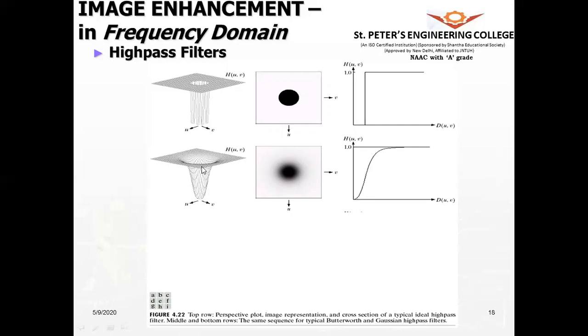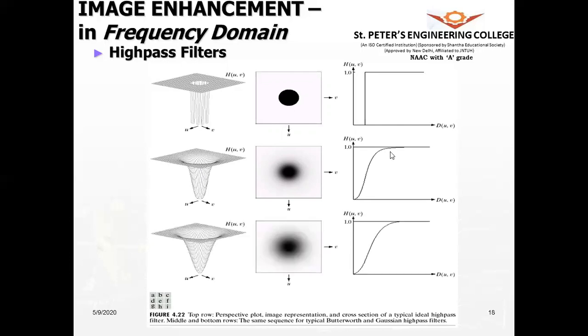So this is the Butterworth filter and its corresponding graph. This is the Gaussian high pass filter.